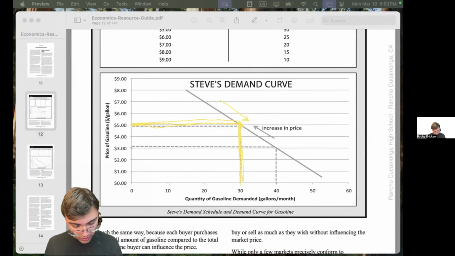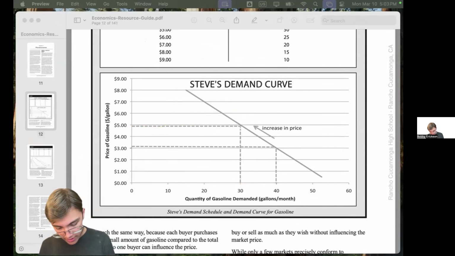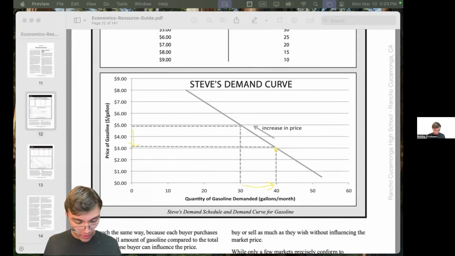of this demand curve. If the price goes down to $3, then our quantity demanded will increase to 40 because it's cheaper. And therefore, Steve will want to consume more gas.